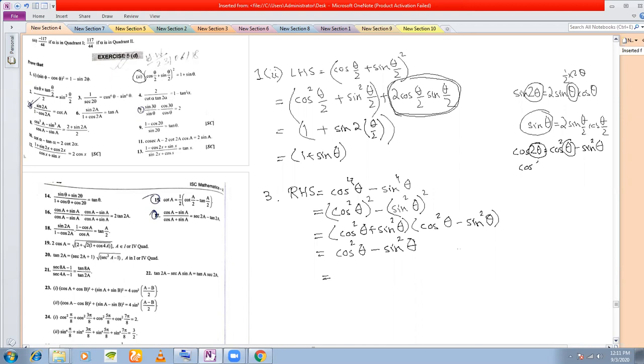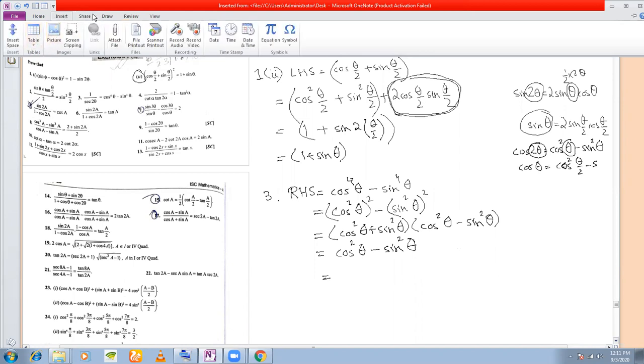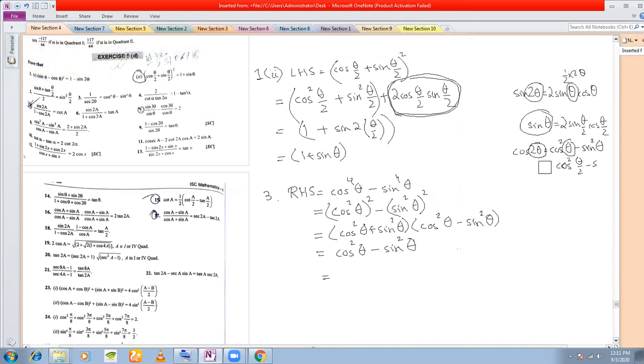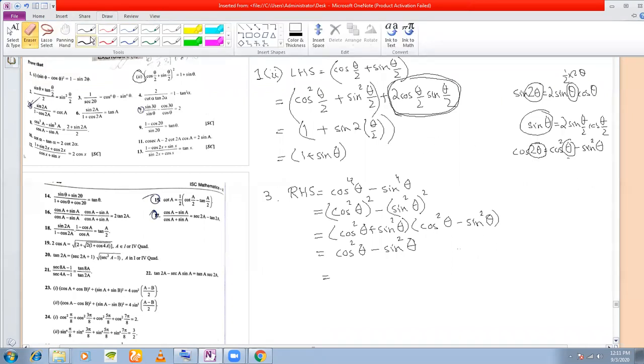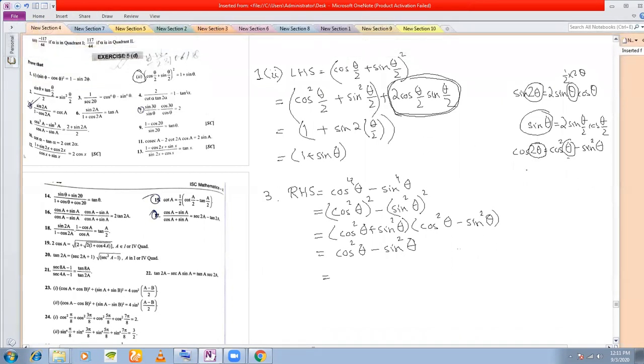So cos square theta minus sine square theta you can write as cos 2 theta, which is 1 by sec 2 theta, which is equal to the right hand side. Okay. Any problem here?